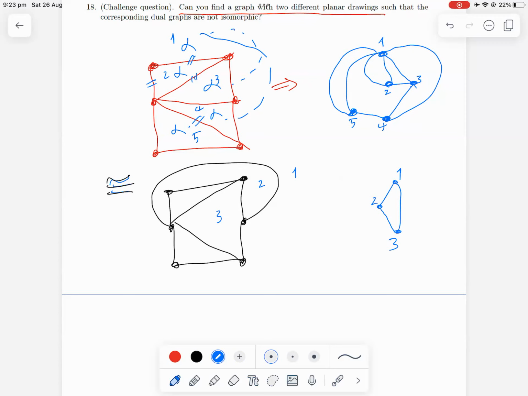Okay, so let's call this one 4. So 4 has with this one, 3 with this one. Does it have with 1? No. So let's call this one 5. Also, let's call this one 5 here. So 5 has not got to do with 3. 3, of course.